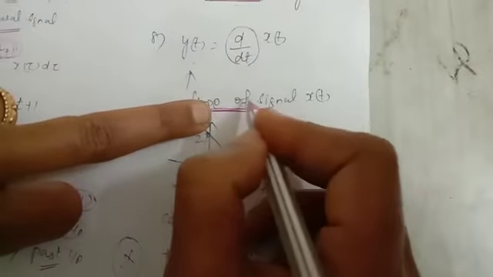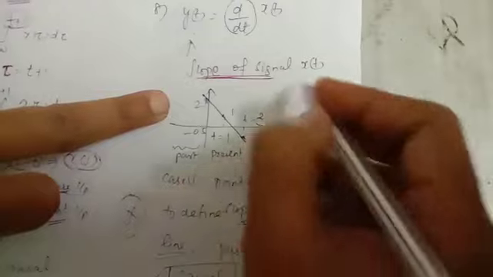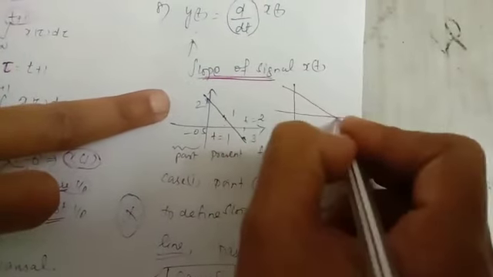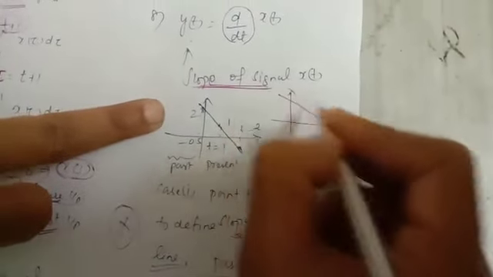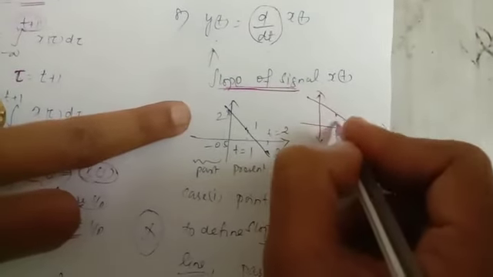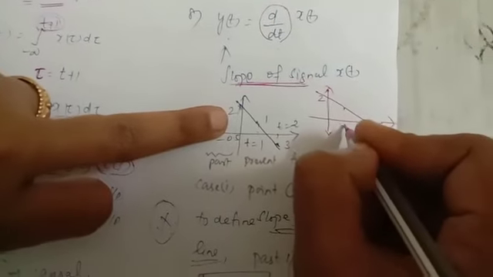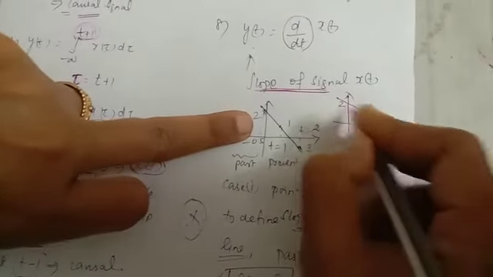To elaborate this sum, we have taken a simple example of the slope of a signal like this. We have to work out whether the system is causal or non-causal. We have taken 3 example points, 1, 2, 3.